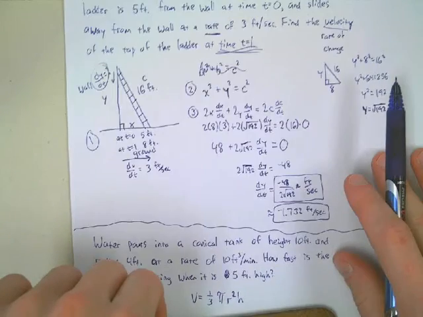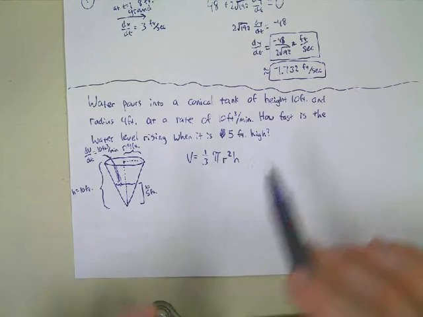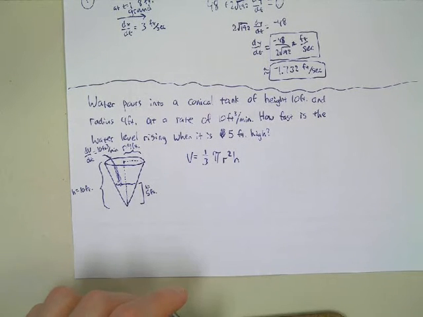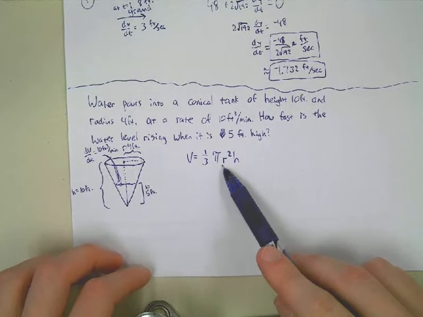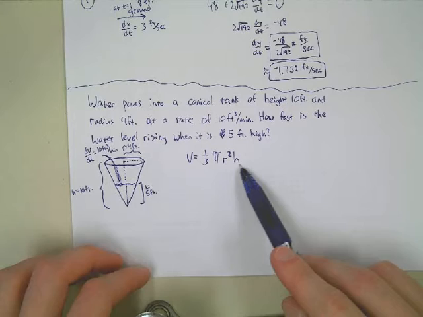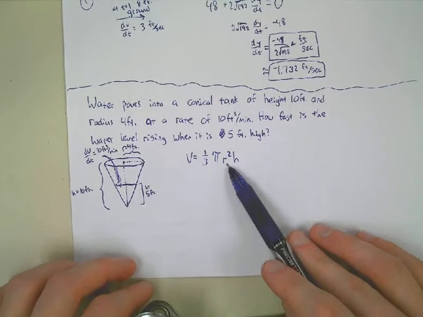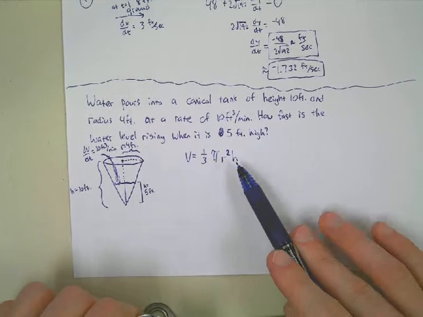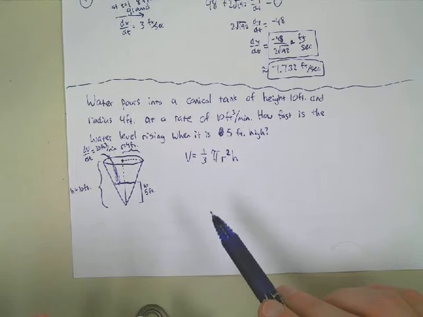But if I were to take the derivative as this is written, I would have to use the product rule, and I'd have to take the derivative of r and also the derivative of h. Do I know anything about dr/dt, the rate of change of the radius? I don't. Do I know anything about dh/dt? I don't. But what's the thing I'm trying to find? dh/dt.